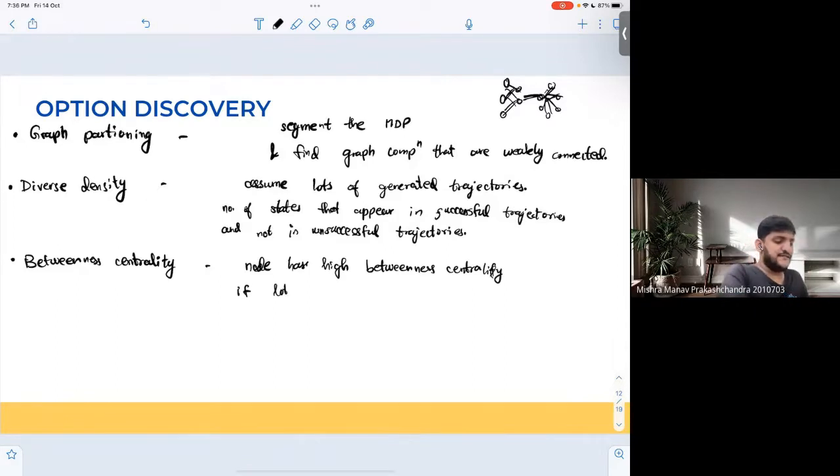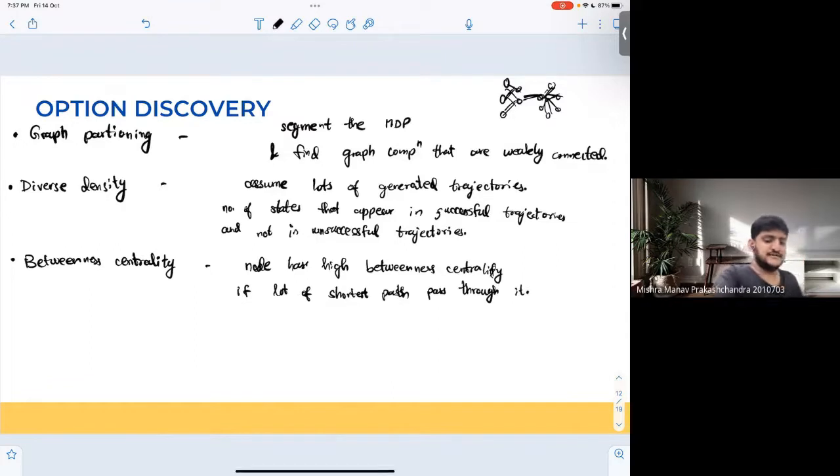if a lot of shortest paths pass through it. Right?